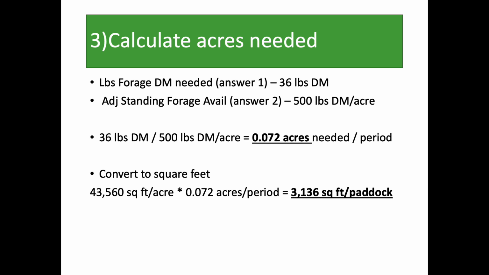So to calculate how many acres you need, take that number you calculated in the first part, the 30.4 or 30.375, that's the pounds, and divide that by this number, and that'll get you the acres that you need.